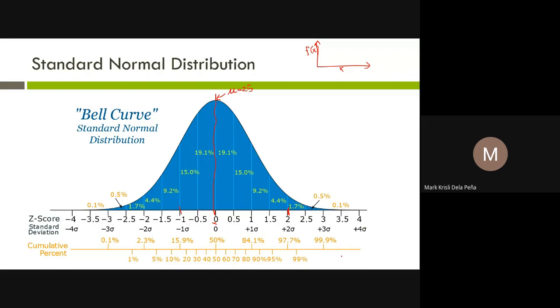Take note that cumulative percentages are our probability and also our area. Now, the area of the curve again is equal to 1, so this can be equivalent to the probability of certain conditions to occur. And later on, these percentages will be our probabilities, and that will be discussed in our next topic after this one.